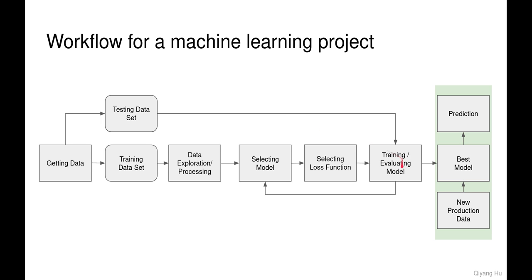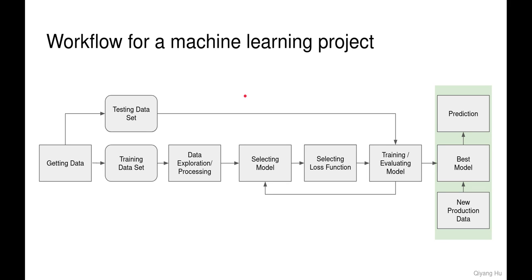I assume there will be a lot of iterations between selecting different models and different data splitting schemes. Ideally, we will get the best model with the highest evaluation score. That will be the one we want to apply to our new production data to make realistic predictions for our project.